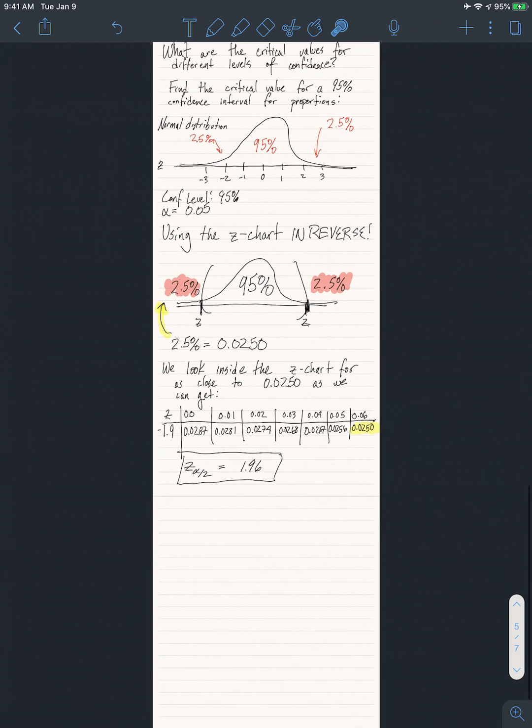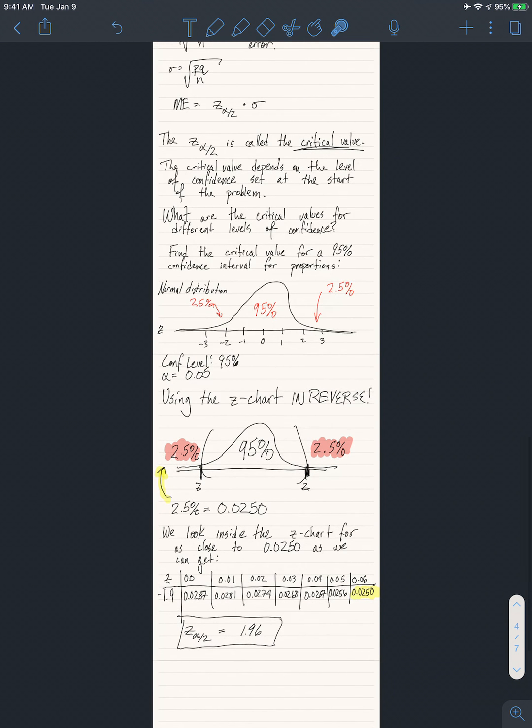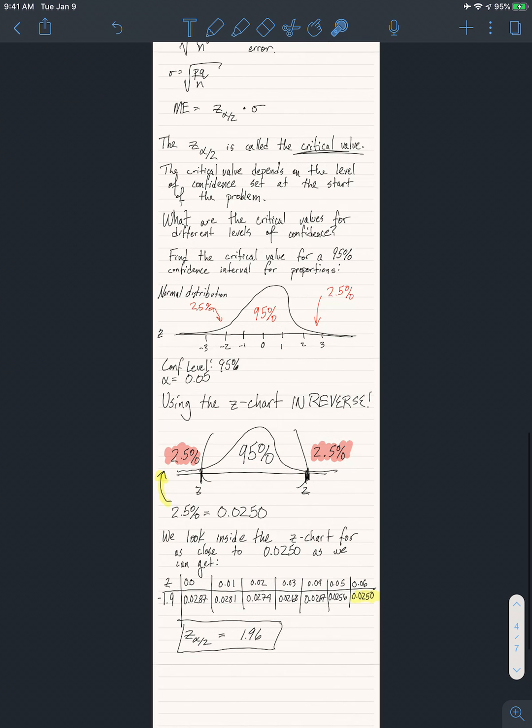Now, I said we have some good news and bad news earlier on calculating these critical values. The bad news is it's tedious because we have to use this chart in reverse. It's not fun. So hopefully you've been waiting for the good news. The good news is you're not going to have to do this.